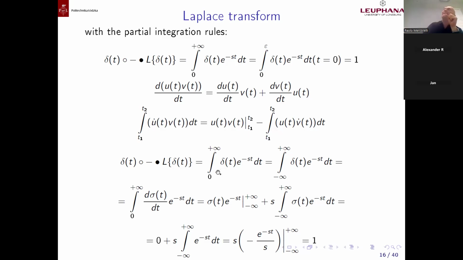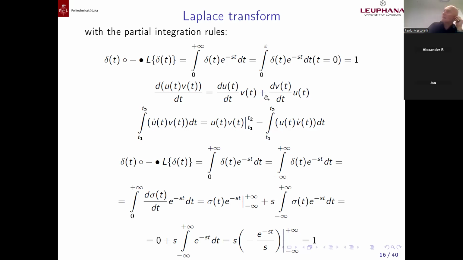This means I can extend, because delta is defined just at 0. But delta multiplied by the function is the function delta. And this means, without these calculations based on the rule which is here, or we can reconsider starting from here.